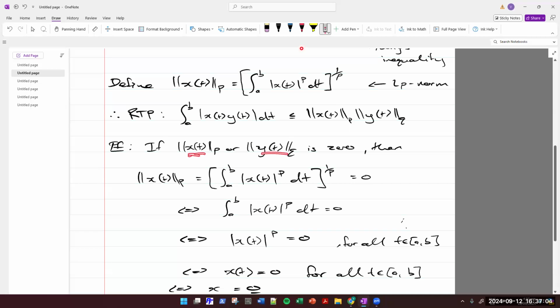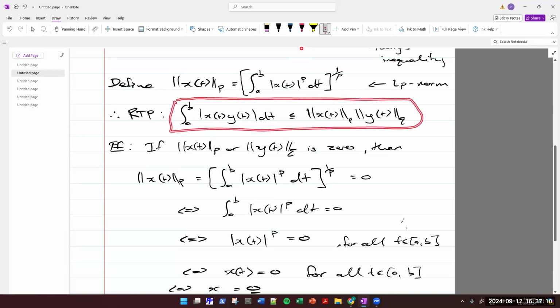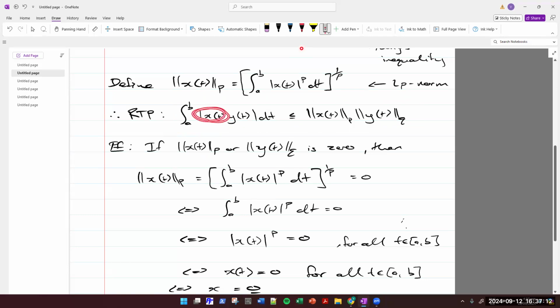Okay, so if that is the case, then if we look at what we are required to prove, let's just say x is zero. So the norm of x happens to be zero, then the right-hand side is zero, and this term is zero, so the left-hand side is zero. In other words, if one of these or both of them turn out to be zero, Holder's inequality holds.